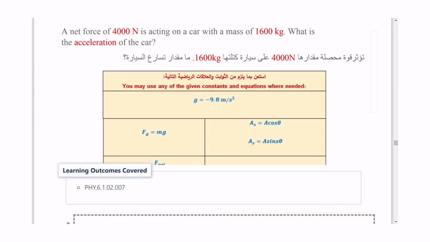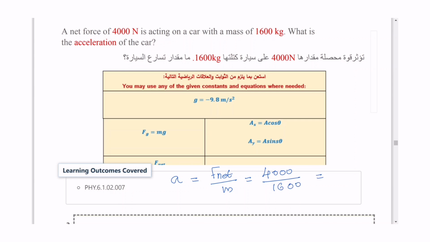A net force of 4000 Newton is acting on a car with a mass of 1600 kilogram. What is the acceleration? Very simple question. According to Newton's second law, acceleration is net force divided by mass. The net force in the question is 4000 Newton, and the mass is 1600 kilogram.